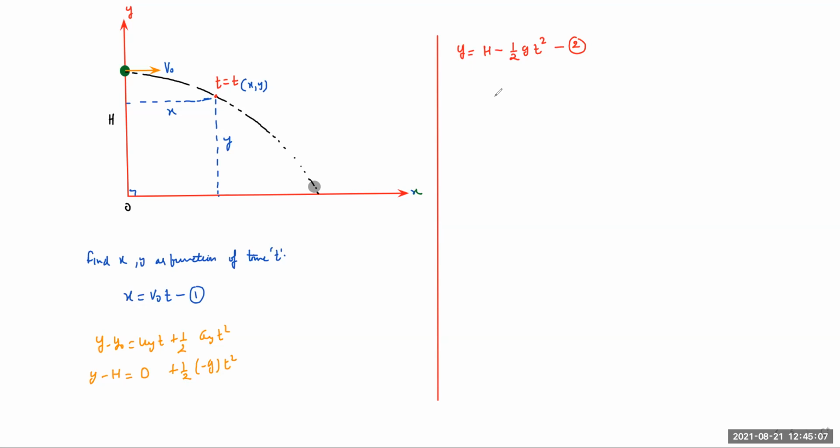Now, once you have the equation of y and x, you can always find the equation of trajectory. So, what is the equation of trajectory? Sir, it is x square plus y square equals to a, sir, which you gave the vector.